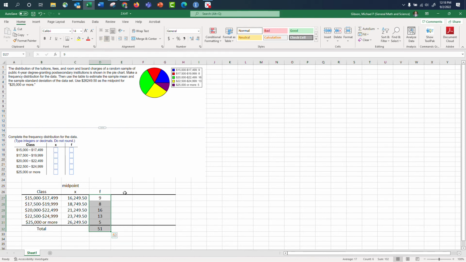Now, remembering that when we get these frequency distributions, the F's are our weights, our W's, if you will. The symbol we used before, we would have just called it W instead of frequency.